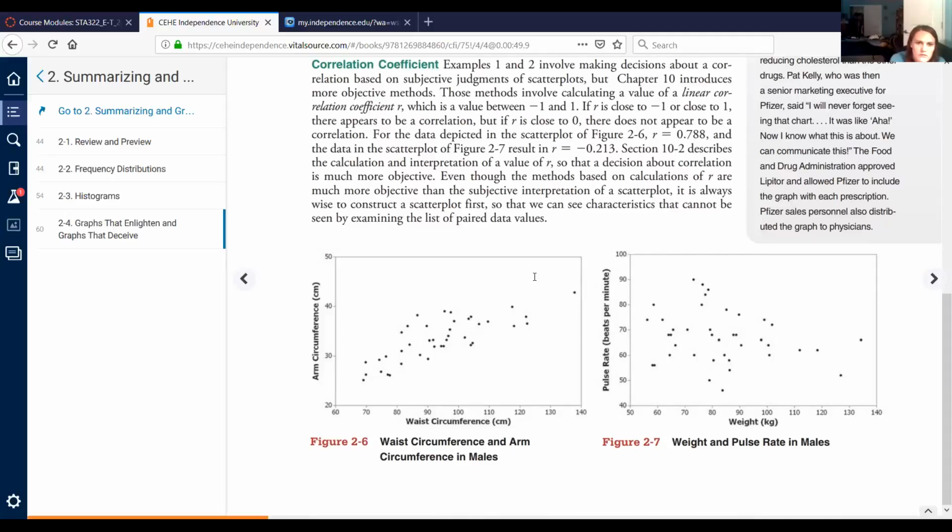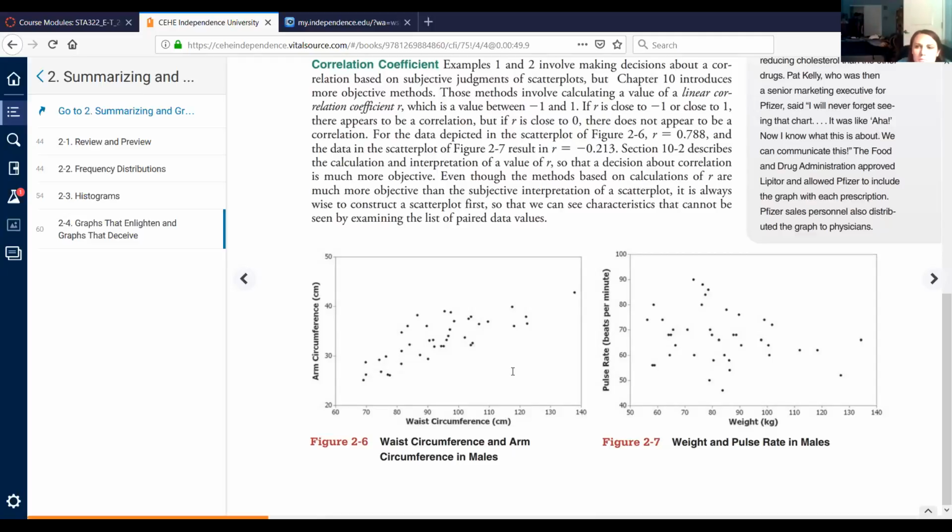Makes some sense. Is it perfect? No. In fact, we've got three people here with about the same 82 centimeter waist circumference who have pretty different arm circumferences. This looks to be about 27, 31, 35. So there are some differences here. And it's not perfect. There are places where it doesn't work out, but overall, they sort of seem related.